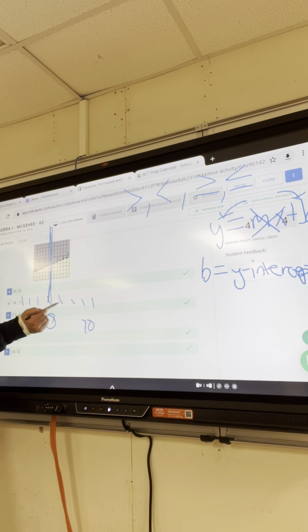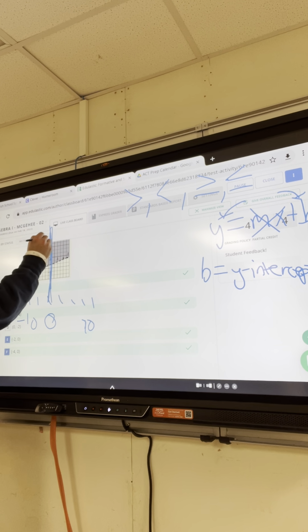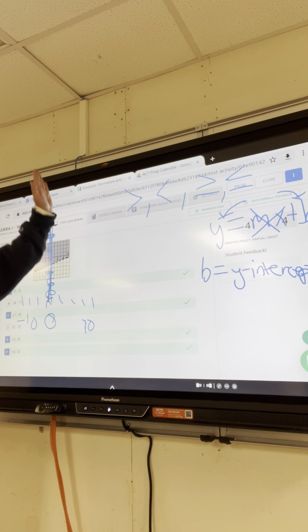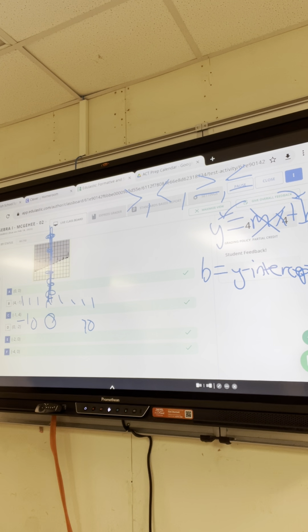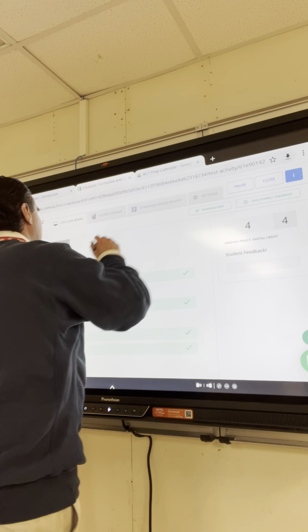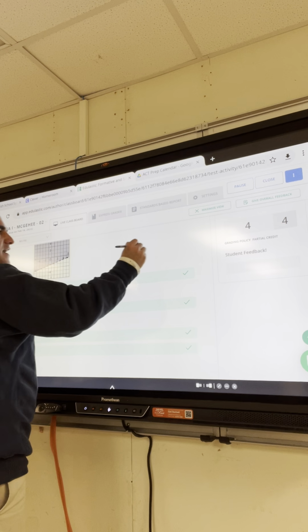But when x equals 0 in the middle, our output is our y-intercept, whatever it may be. So input 0, output is our y-intercept. So our y-intercept, you said, was negative 2.